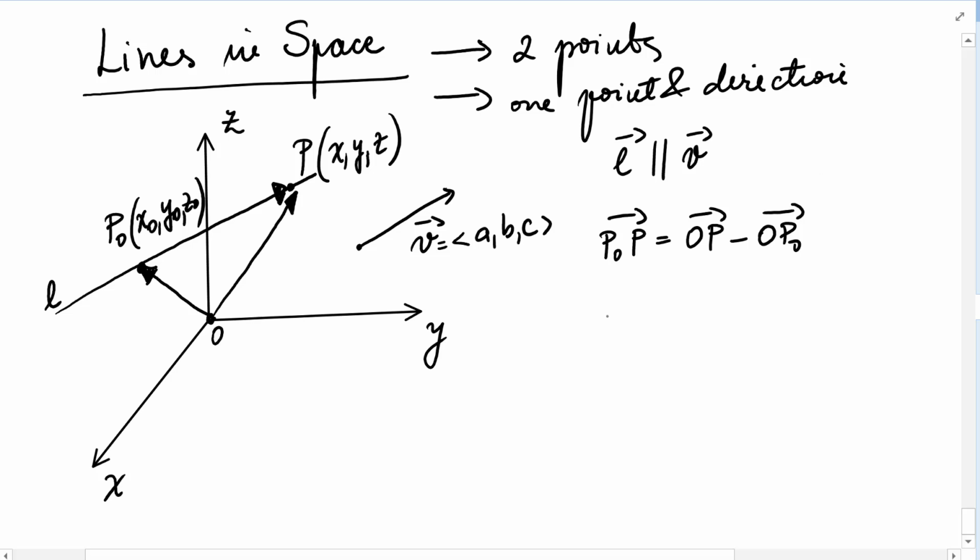So OP is equal to P naught P plus OP naught.